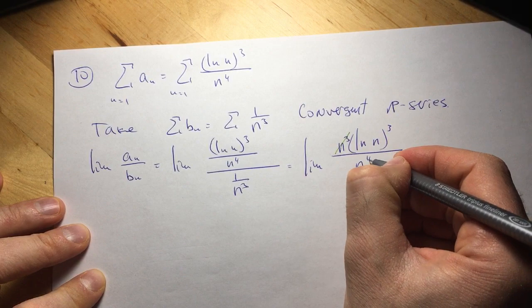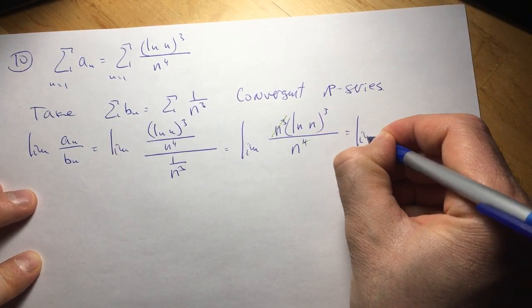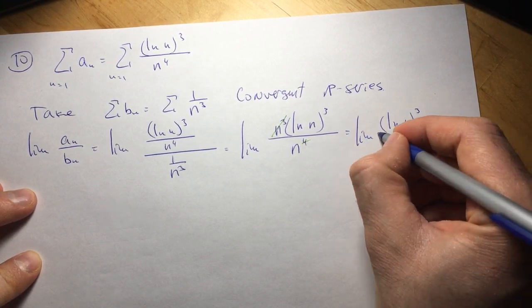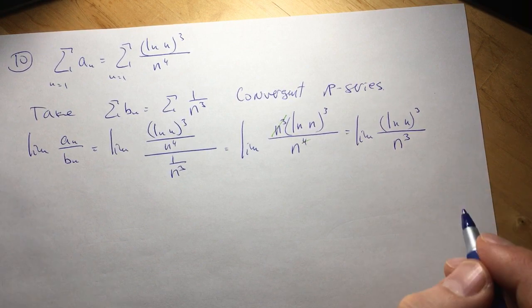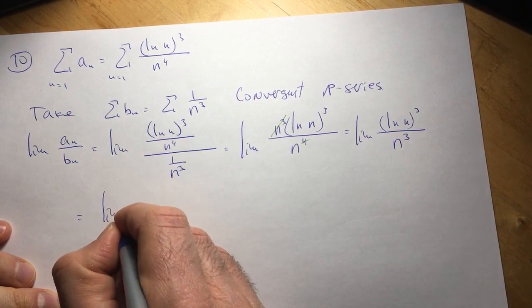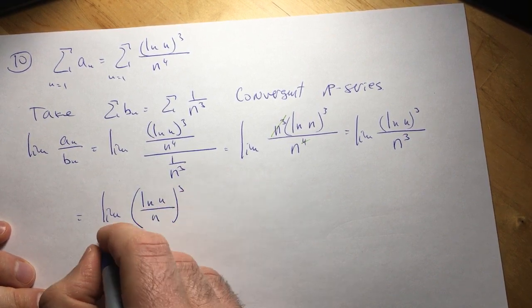And now, if you cancel this, you get the limit of ln of n cubed over n, which is equal to the limit of ln of n over n, all to the power of 3.